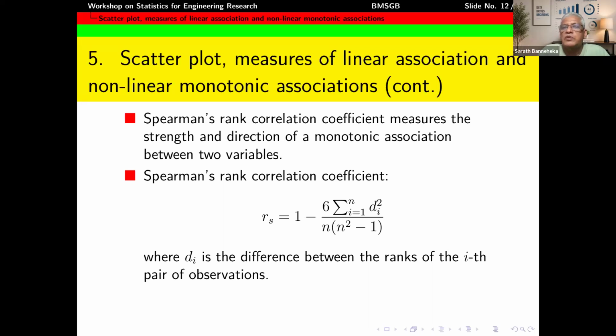Suppose when you draw the graph, you see that there is definitely a relationship, but it is not a linear relationship. It can be considered as a monotone relationship. Then, in that case, what is the strength of that monotone relationship is a question. So in that kind of situation, people usually use a different measure. It's called Spearman's rank correlation coefficient, or simply Spearman's correlation coefficient.